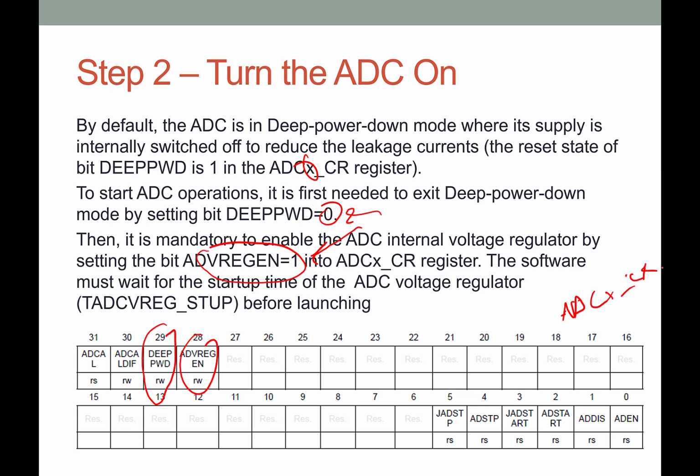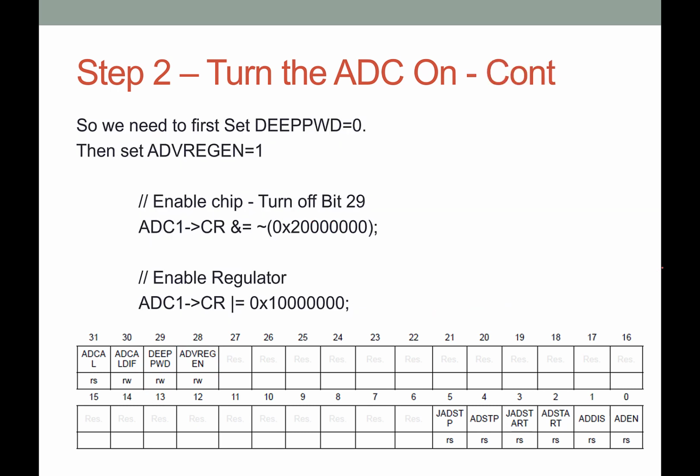It takes a little bit of time before those get ready, and you can start actually doing a conversion that you can trust. If you don't wait that length of time, then you can't trust the results. So you'll see basically a generic while loop to keep us out of trouble for that. Okay, so let's turn it on.